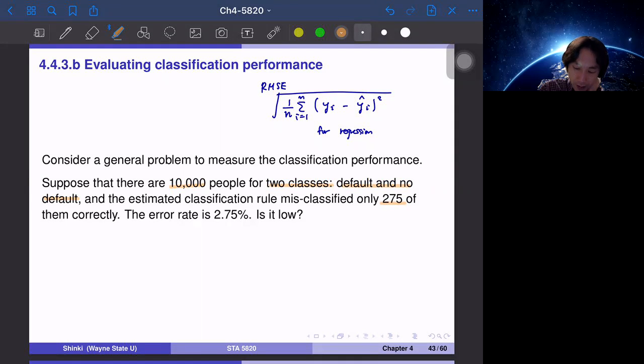So basically it's wrong only with 2.75% probability. So is this a good prediction rule, a good classification rule, or not? And to say the answer first, actually, we cannot really say. It depends on the data.